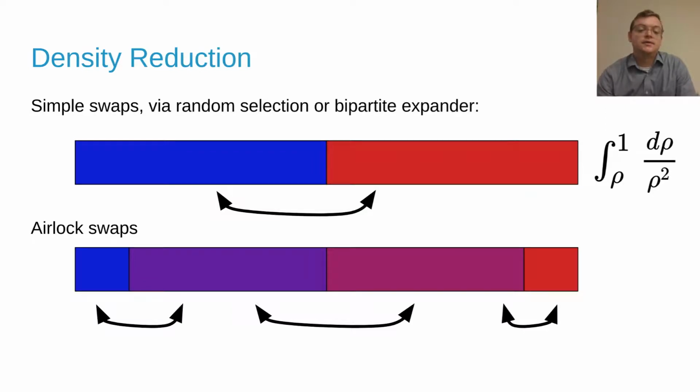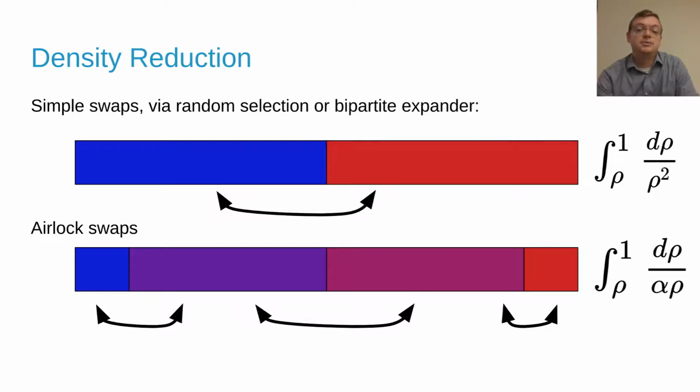So now if, for example, on the left side, the density of blue elements in the bluish purple area is kept above some constant alpha, then you have, again, an integral from gamma to 1 of d rho over alpha rho. So really the speed up here is that instead of needing to grab a rare element from the left and the right, you have a difficult grab on the left and an easy grab on the right.